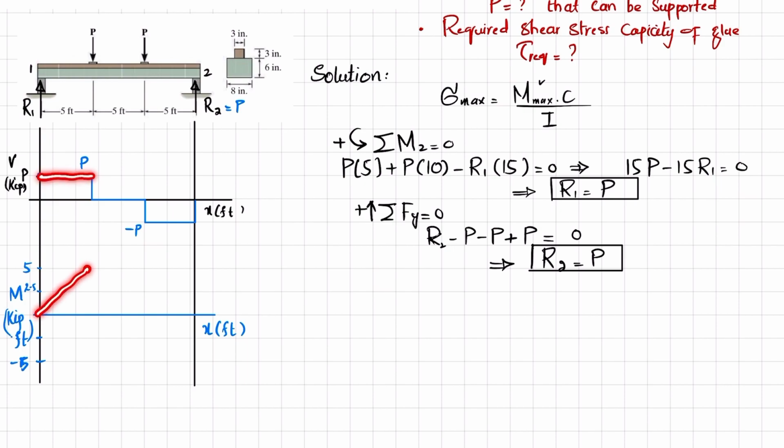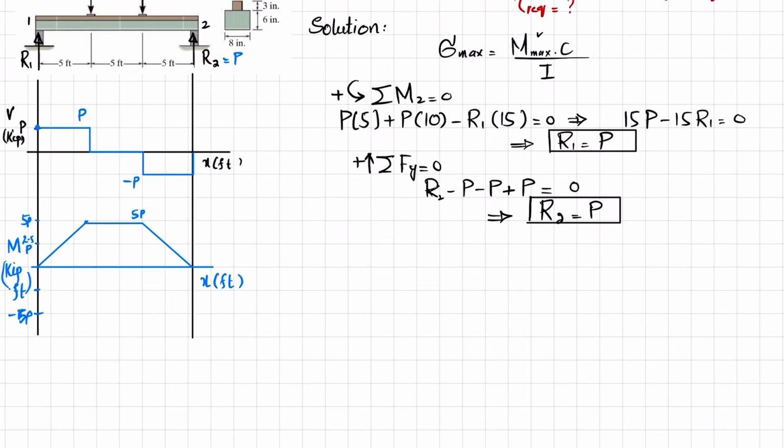Now this is 0 area, so the bending moment will remain the same till this point, that is 5P. The second area is this area, and this is again minus 5P. So plus 5P minus 5P will bring it to 0. So your bending moment diagram will be this.